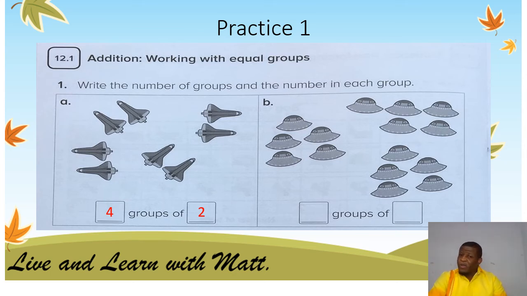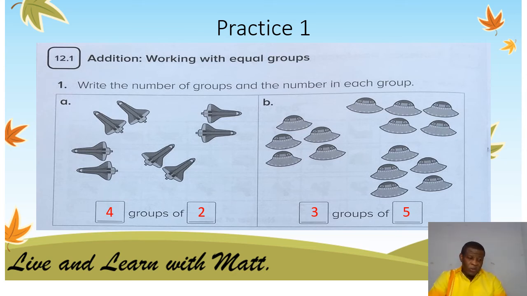And part B, what did you write? I can't hear you. Oh, okay. So it's going to be 3 groups of 5. That's correct. 3 groups of 5. Okay. If you did it wrong, please do your correction. Erase and write it correctly, please.